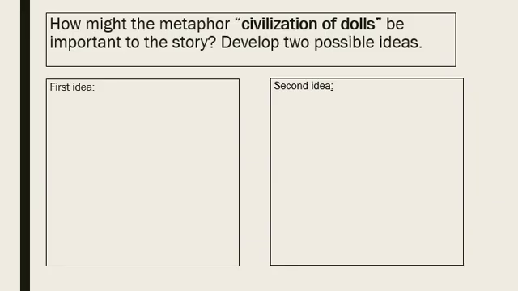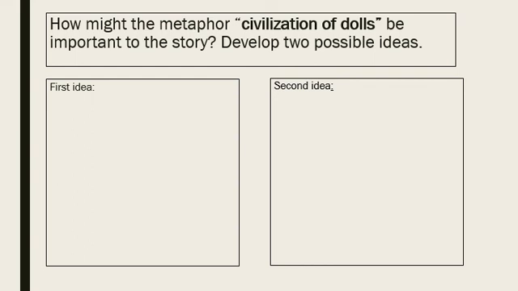Alright, for the section review, I'm just trying to deepen that understanding. How might the metaphor of a civilization of dolls be important to the story? Develop two possible ideas. First of all, think about what dolls are. They're toys that people play with. Think about what a civilization is.